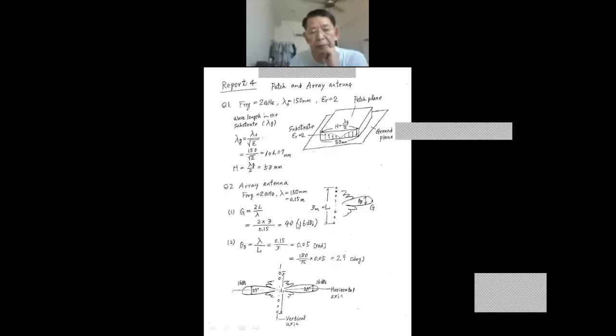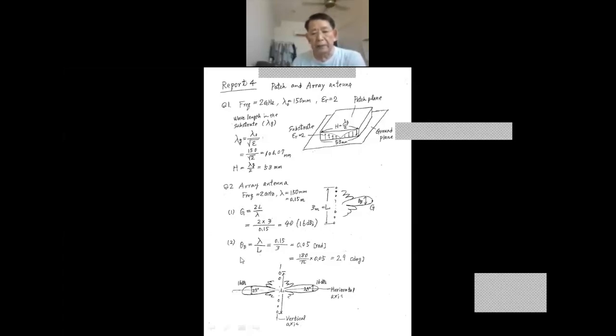Then this becomes 40. This is the linear value, so change it to dBi. 10 log 40 becomes 16 dBi.